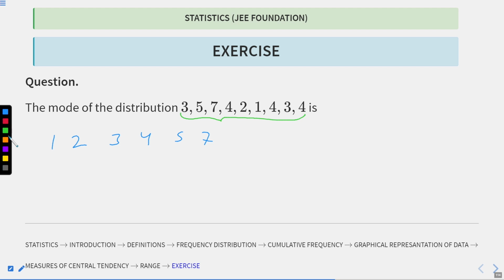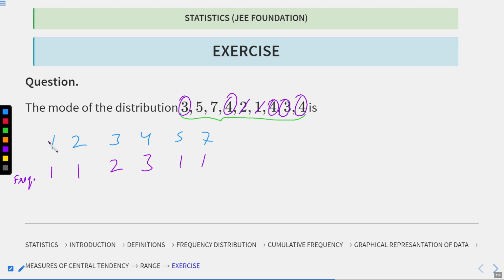So 1 is appearing only one time. So the frequency of 1 is 1. Frequency of 2 is also 1. Frequency of 3 is 2, so it is appearing 2 times. Frequency for 4 is 3. Frequency for 5 and 7 both equal 1.